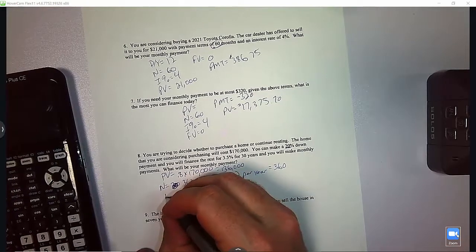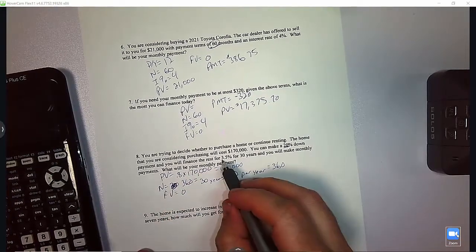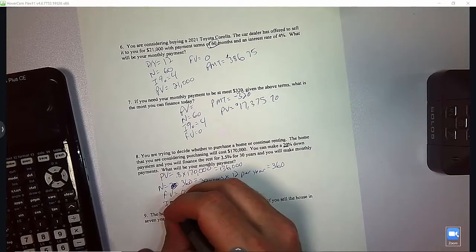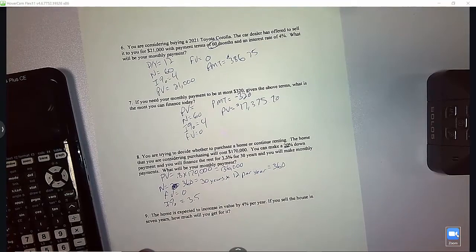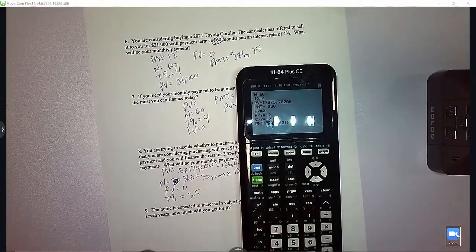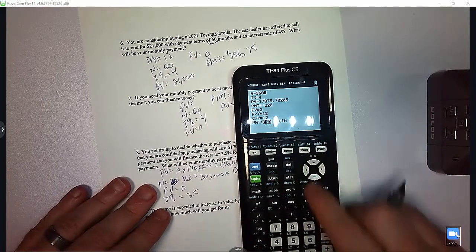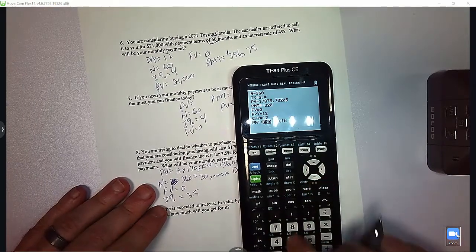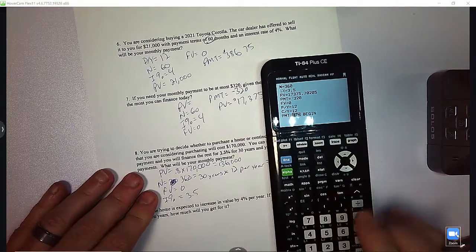So my future value is 0 because I will pay this off. My interest rate is 3.5%. And I'm solving for my payment. So my N is 360. My interest rate is 3.5. My present value is $136,000.